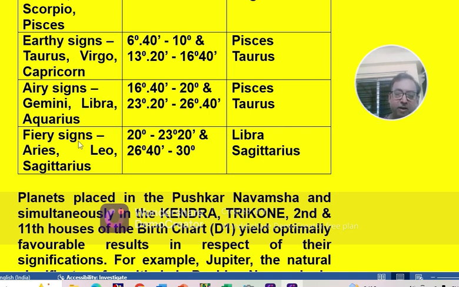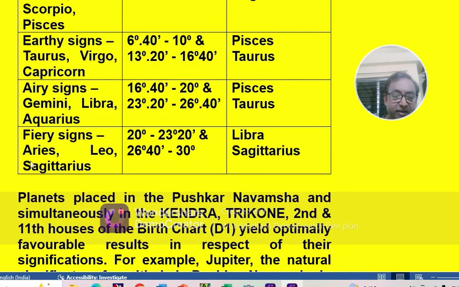Next comes the turn of fiery signs, meaning Agni Tattva Rashi. What are the Agni Tattva Rashi or fiery signs? These are Aries, Leo, Sagittarius. When a planet in these zodiac signs is between 20 degree and 23 degree 20 minute, they will go to Libra Navamsha, which is ruled by Venus.